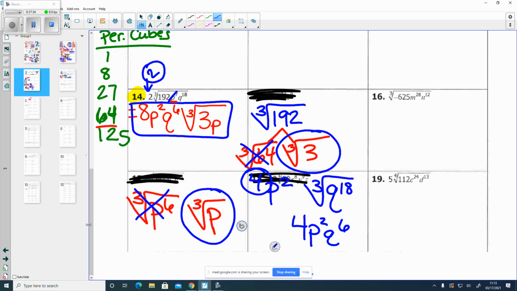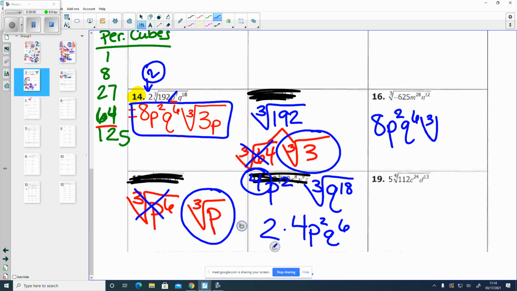And then we still have the 2 on the outside, and we still have the cube root of p and the cube root of 3 left over. That's why I circled them. The 2 on the outside can just be multiplied by this 4. So that's where we get 8p squared q to the 6th.